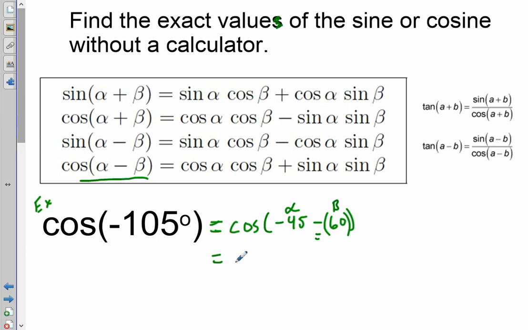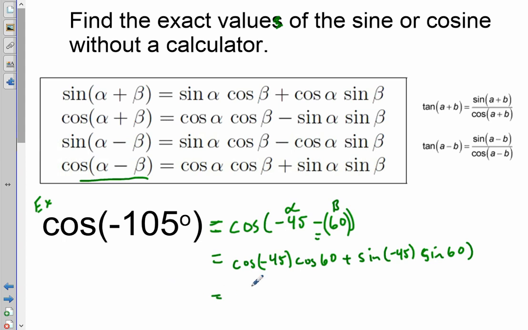So we're going to write it as cosine of negative 45 times cosine of positive 60 plus sine of negative 45 degrees times sine of 60 degrees.